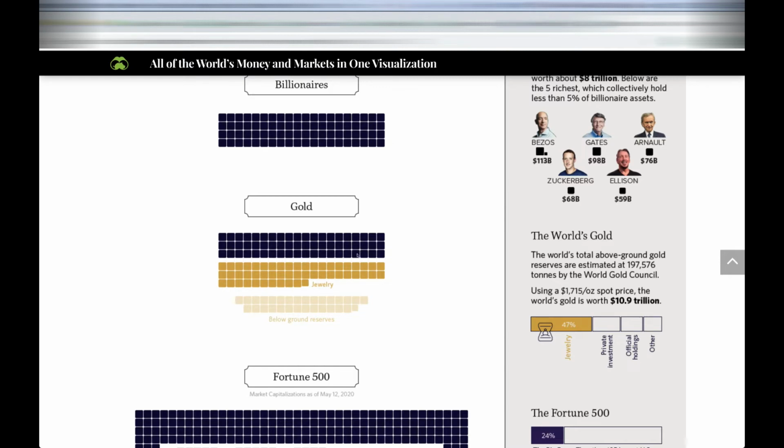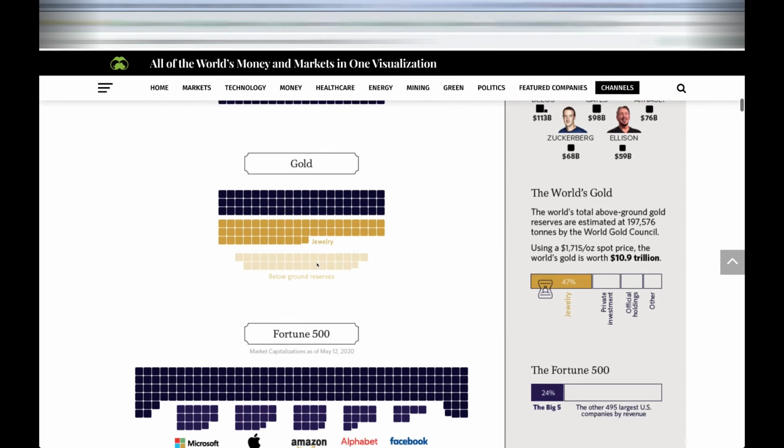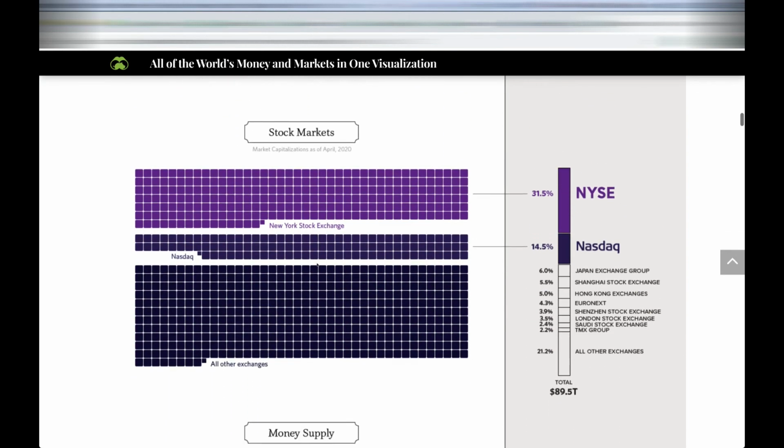So we might see some gold supply come in later on in the year in the form of jewelry going back into investment grade gold. The thing is, right now we're not there yet, and depending on how easy it is to refine jewelry into investment grade gold, that could cost money, that could cost time, and there will always be some lag.